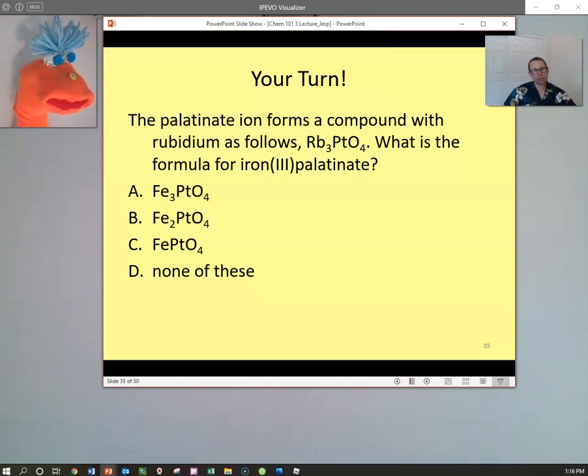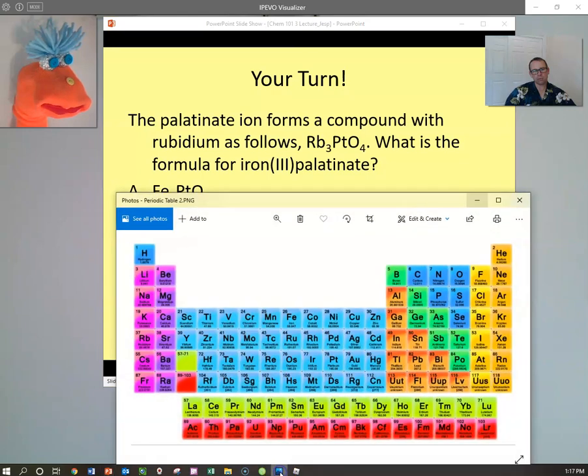So we have this compound, and they say that the name of it is iron 3 platinate. Now that 3, do you know what it means in iron 3 platinate? The 3 is telling us about the iron ion. Where is iron? What element is iron?